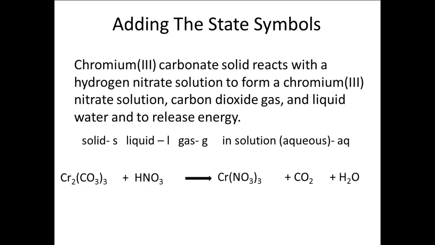The symbol is added in parentheses after the formula of the substance. So, the state symbol for the chromium(III) carbonate is s. For the hydrogen nitrate, it is aq. For the chromium(III) nitrate, it is also aq. For the CO2, it is g. And for the water, it is l.